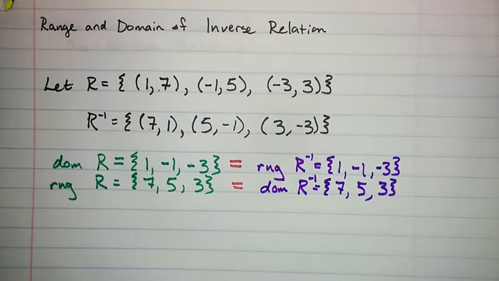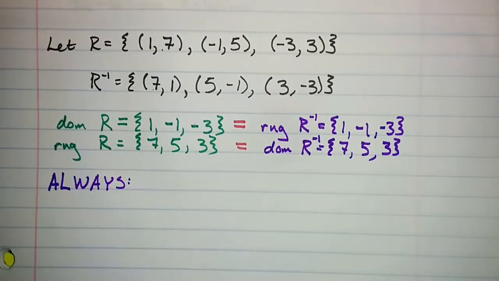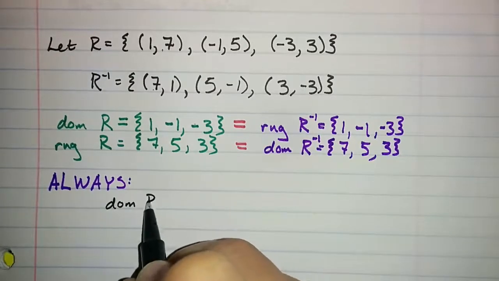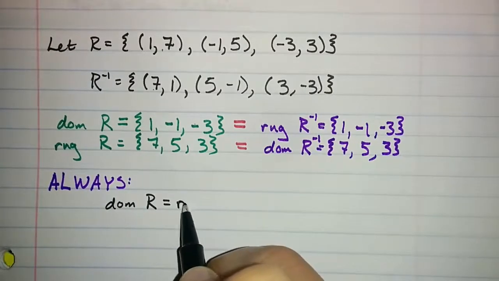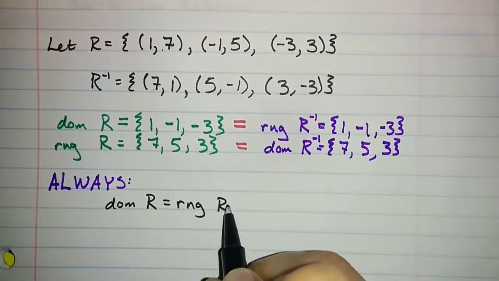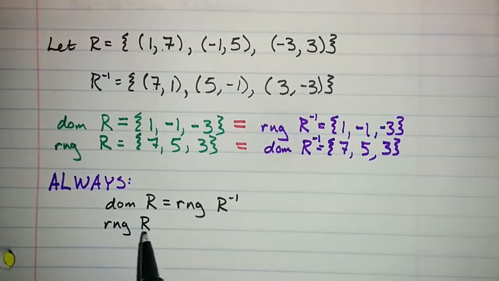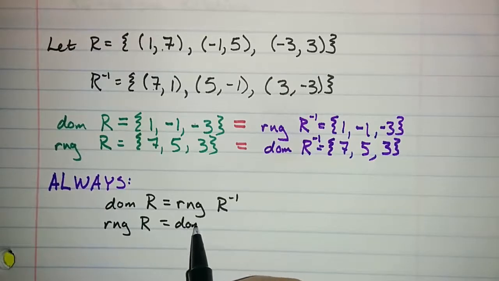This will always be true. It will always be the case that the domain of R is the same as the range of R inverse. The range of R is the domain of R inverse.